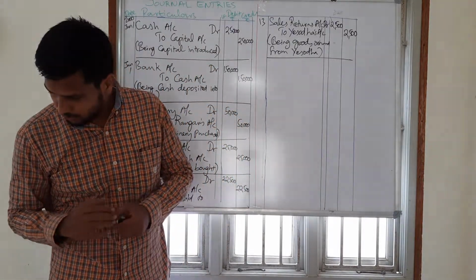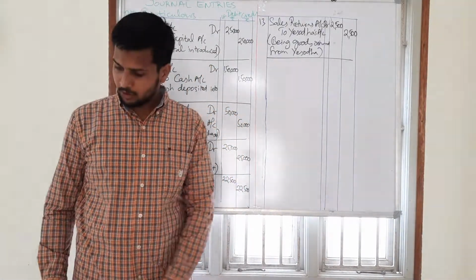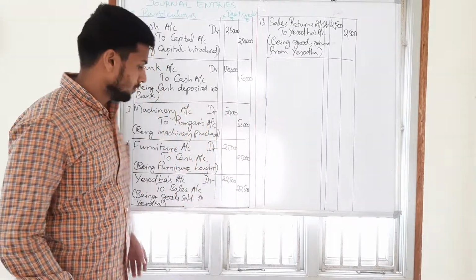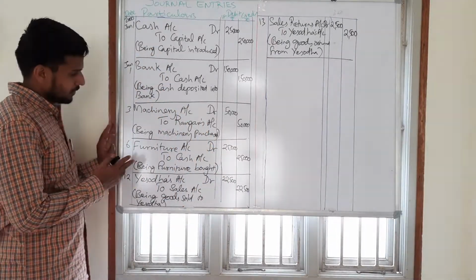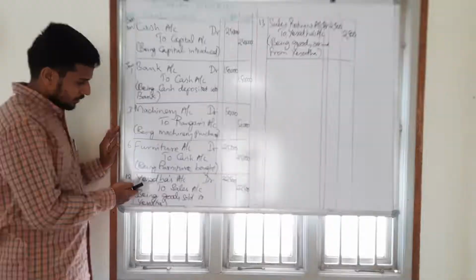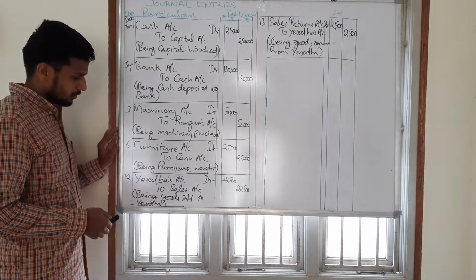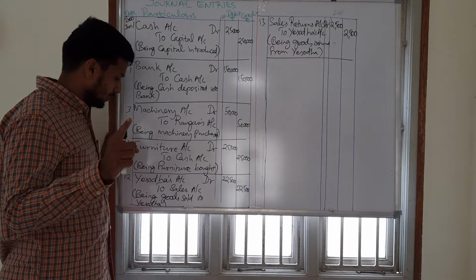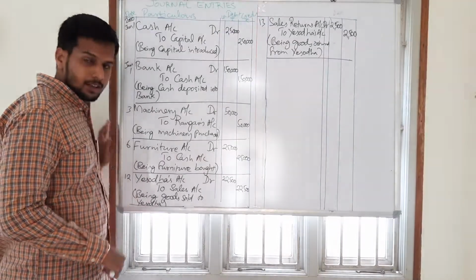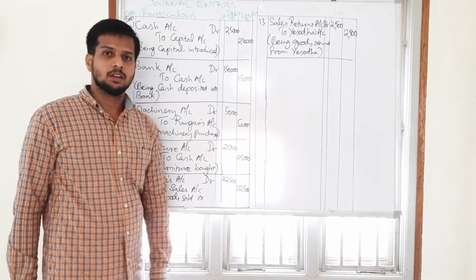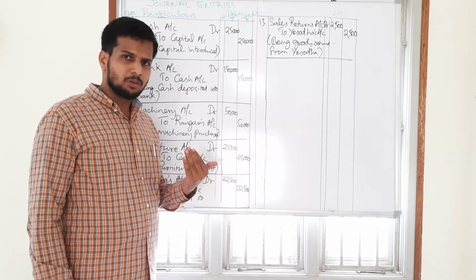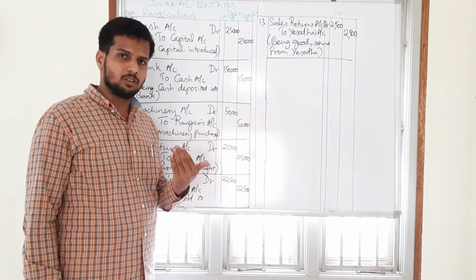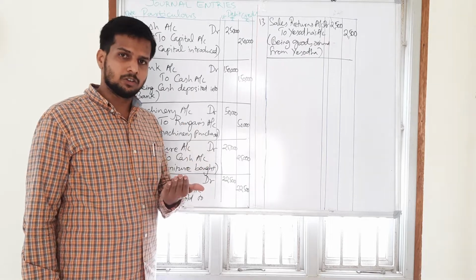And the next one is the goods sold for cash. When the goods are sold for cash, two accounts are affected: the goods account, that is the sales account, and the cash account. Both come under the category of real account, debit what comes in, credit what goes out.